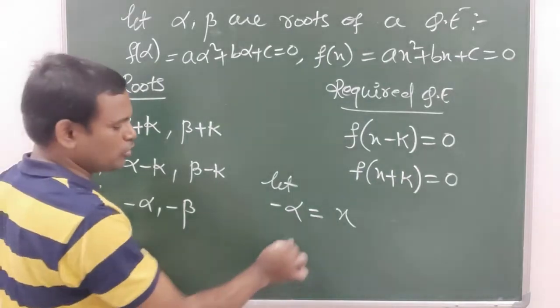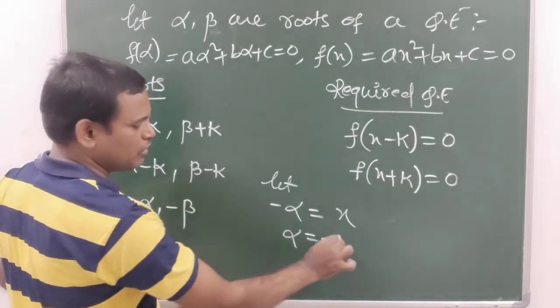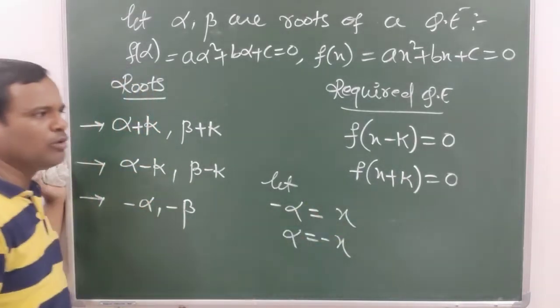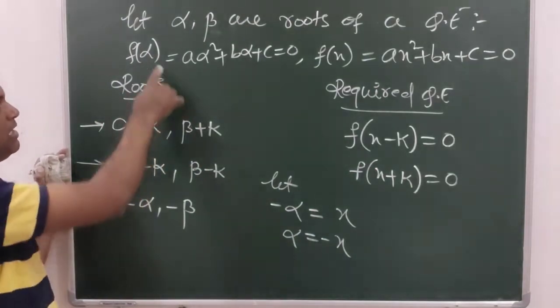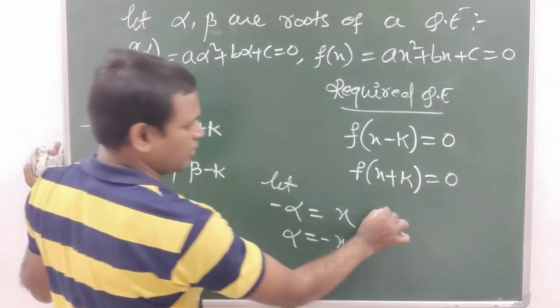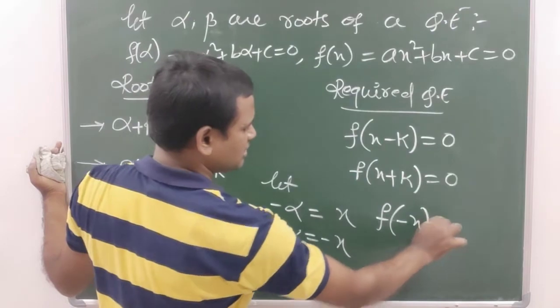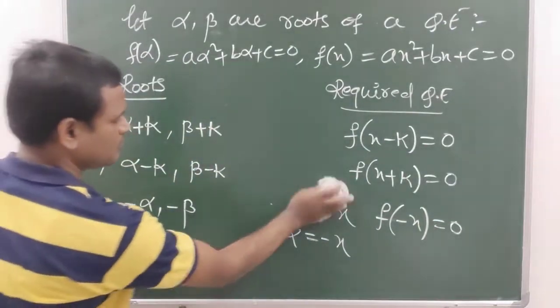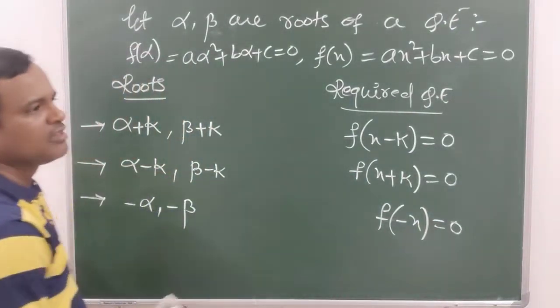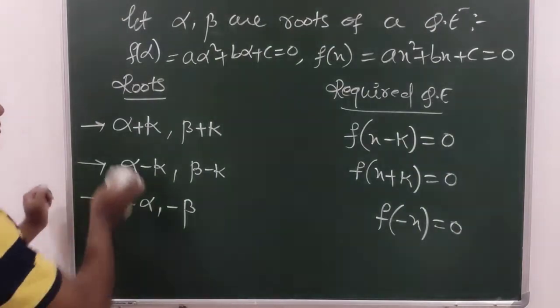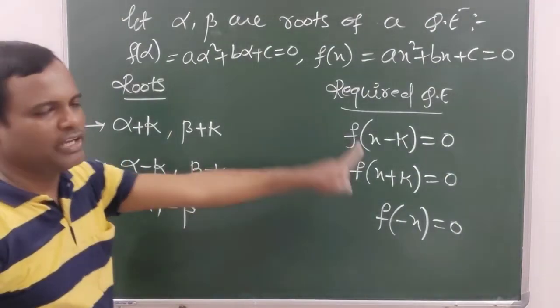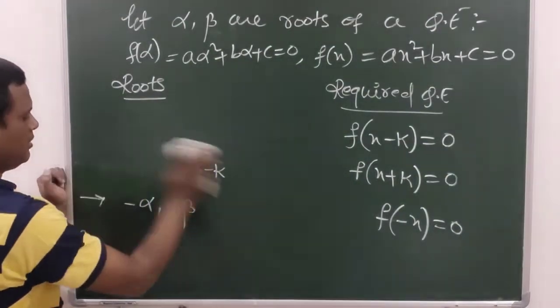Now multiply on both sides with minus, so that you will get alpha equal to minus x. Now replace this alpha by minus x, so that what do we get? F of minus x is equal to 0. Okay. Similarly, understood up to here? Right.